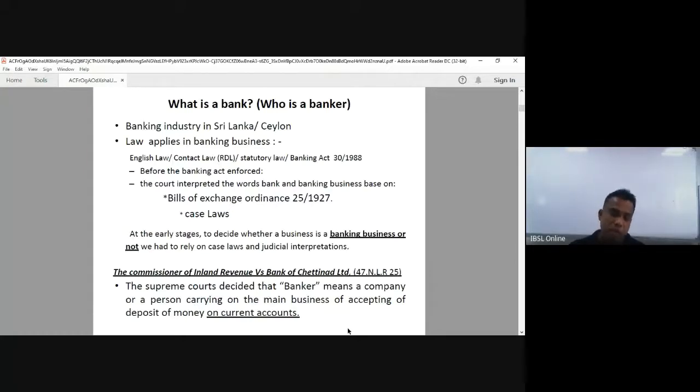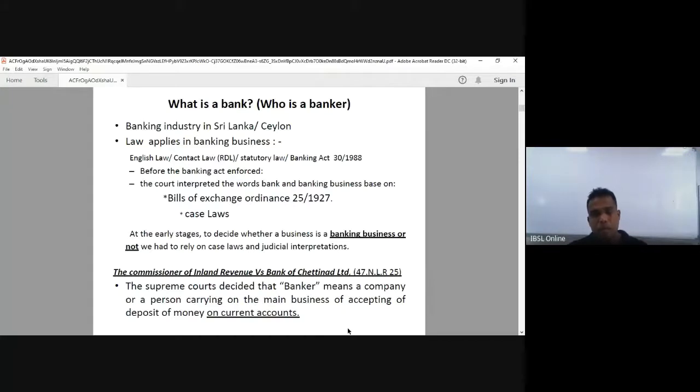You know, for example, if you take a personal guarantee, bankers know that when we lend money, we take securities or collaterals. We take personal guarantees. When we take personal guarantees, they are governed by Roman Dutch law, right?